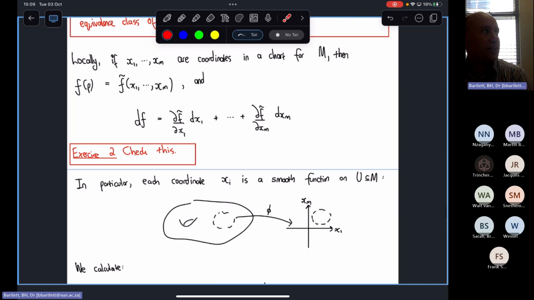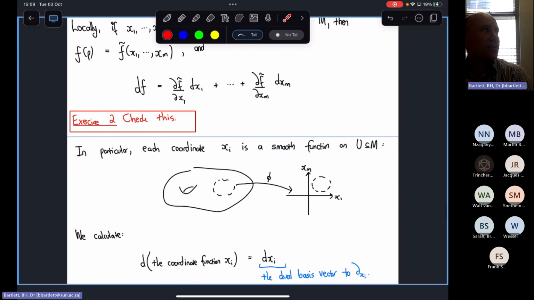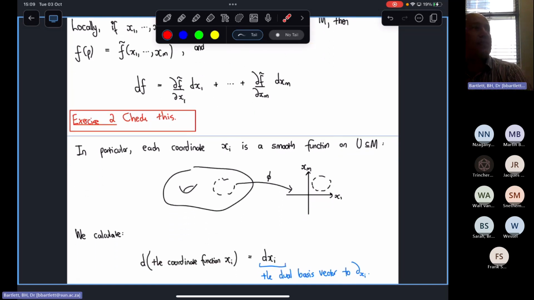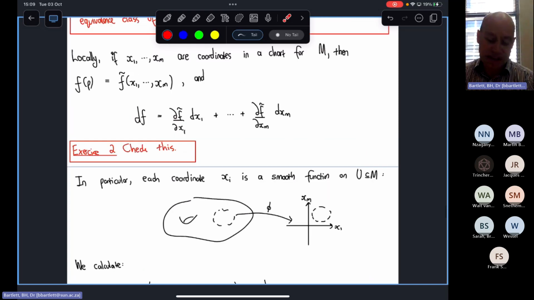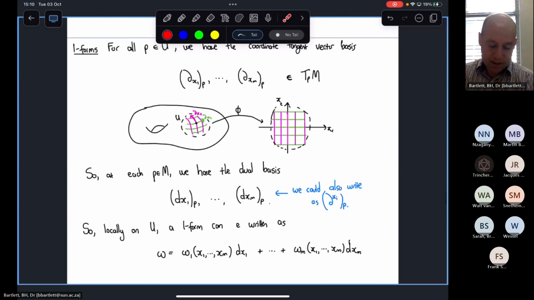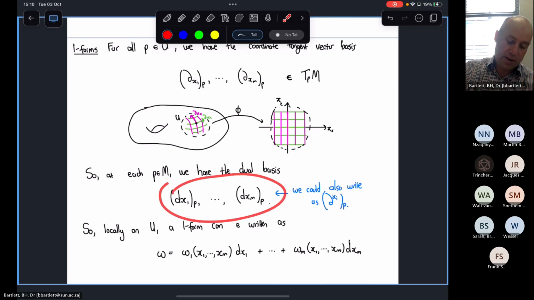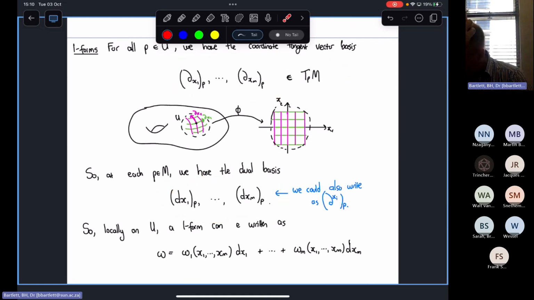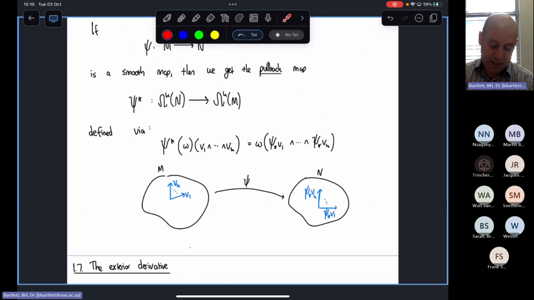Well, if we calculate it, we find that the derivative of that function, defined as I've just said in the previous slide, is actually what we were calling dxi before. Before, what we wrote down as dxi, remember, we defined those dxi's to be the dual of the coordinate basis for the tangent space. And now I've got a different notion of what dxi means.